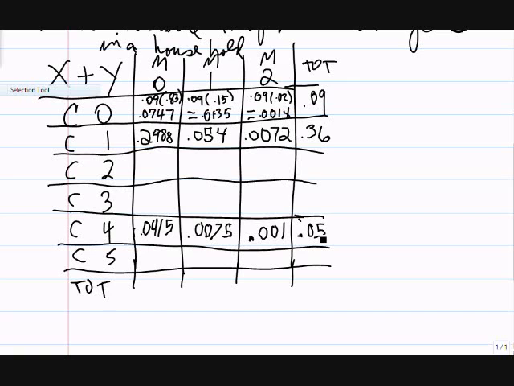Somebody from row 2. Somebody from row 3. Come on. Where are my power rows here? Row 1 and row 2 are the power rows.